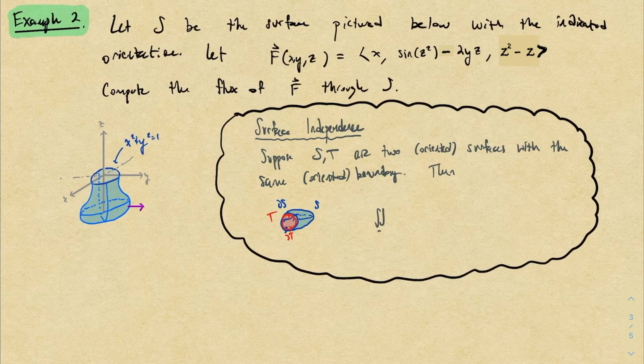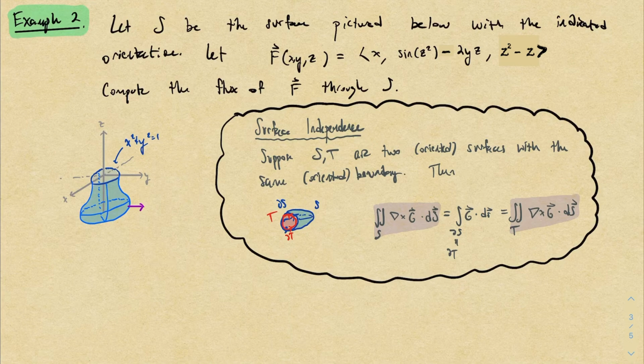Then, what would Stokes' theorem tell us? If we had some other vector field G, Stokes' theorem would tell us that the surface integral over S of the curl of G is equal to the line integral of G over the boundary of S. But the boundary of S is the same as the boundary of T, so applying Stokes' theorem again in the opposite direction, this is the same thing as the surface integral of the curl of G over T. So in other words, the important equality is the thing in purple.